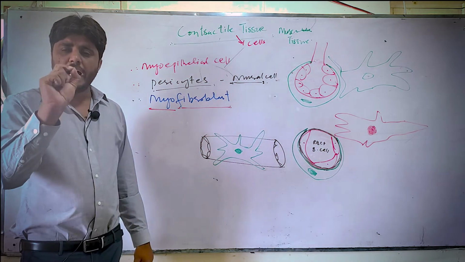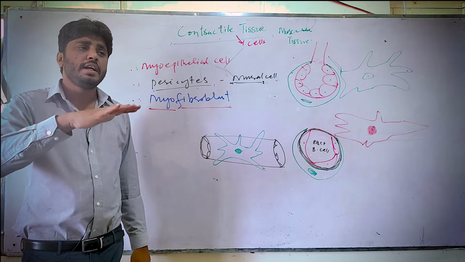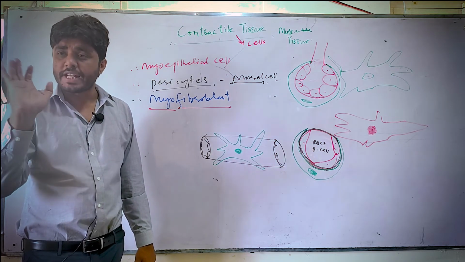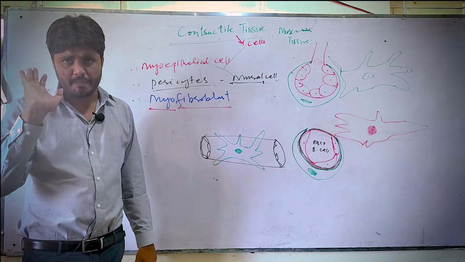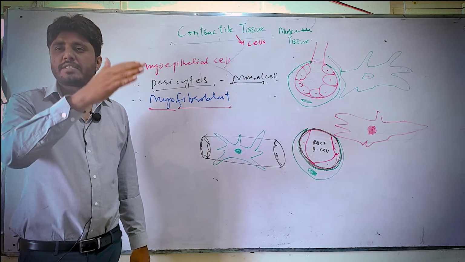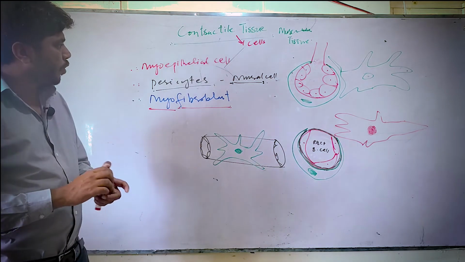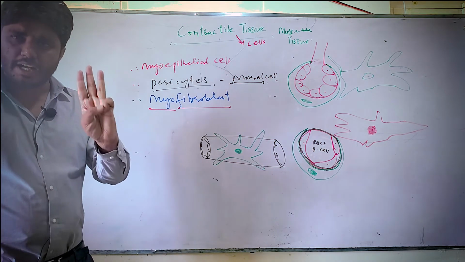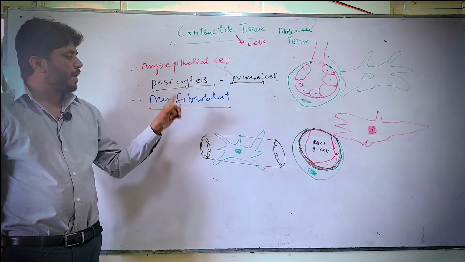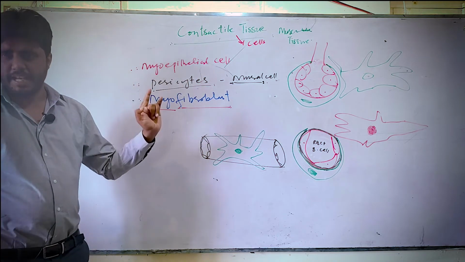On analysis of the cytoplasm or cell biology of that cell, we find they may have some contractile proteins, filaments or molecules, which we may find in cardiac muscle, smooth muscle and skeletal muscle. When you look at this, you will find there are three kinds of cell: myoepithelial cell, pericyte, myofibroblast. They can be called contractile cells.